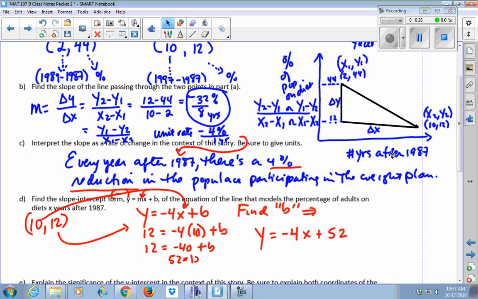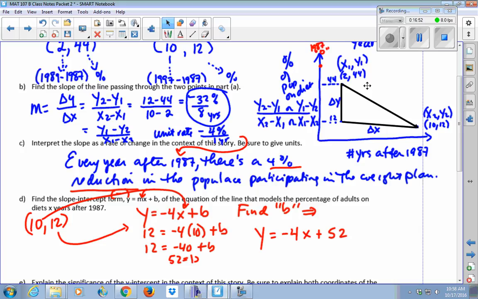Now, someone in my previous class said, couldn't I just look at my graph here and figure out what my y-intercept is? And I said, sure. Because as we move along each year in time after 1987, we were decreasing by 4. Now remember, this point right here, 2, represents 1989. I need to get back to 1987, which is the year 0.